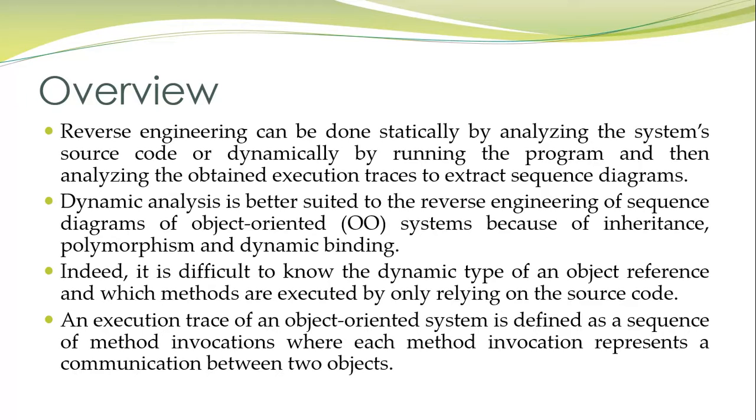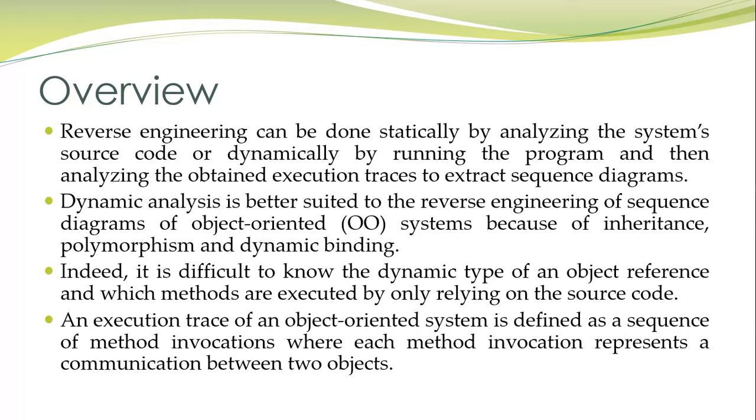The dynamic analysis is better suited to the reverse engineering of sequence diagrams of object-oriented systems. The reason behind that is inheritance, polymorphism and dynamic binding. Indeed, it is difficult to know the dynamic type of an object reference and which methods are executed by only relying on the source code.